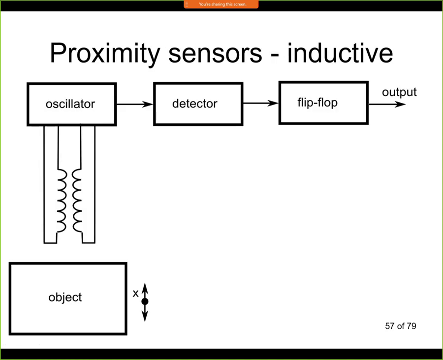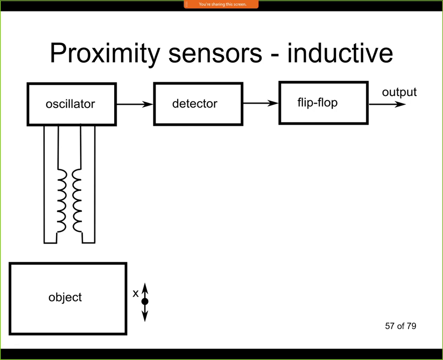The inductive sensor works on the changes of inductivity. So the main component of the inductive sensor is an inductor. Here we see that we have an inductor, and this inductor is powered with AC current.